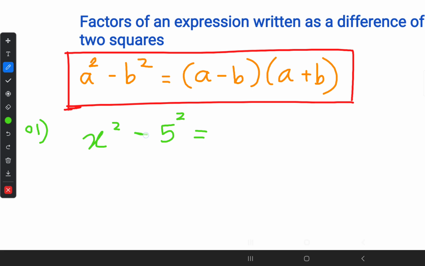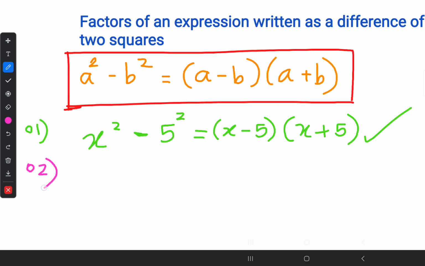Here we have a negative, and the right-hand side has a square value and the left-hand side also has a square value. So finally you can express this one as x minus 5 times x plus 5. That's all for the factorization. No need to write anything else. This would be the factorization.